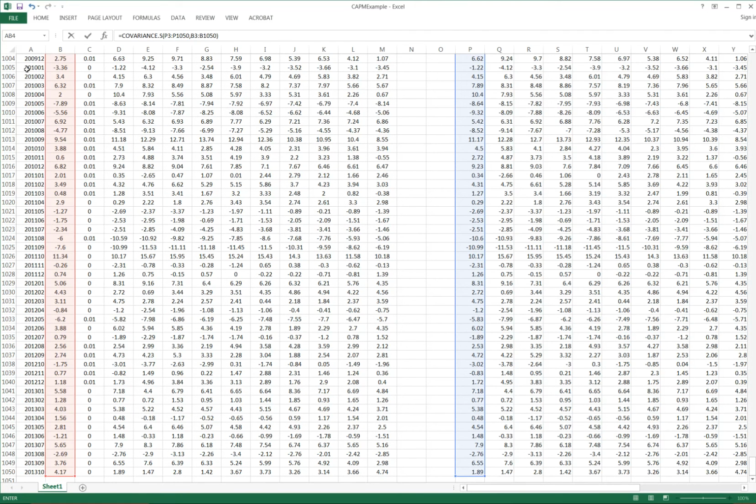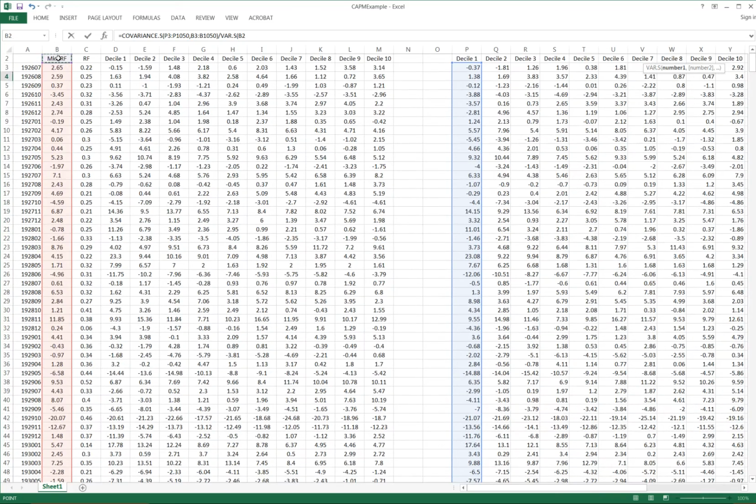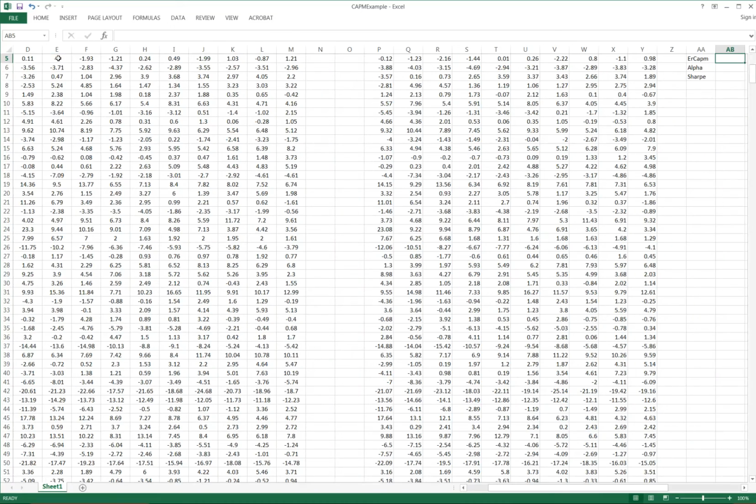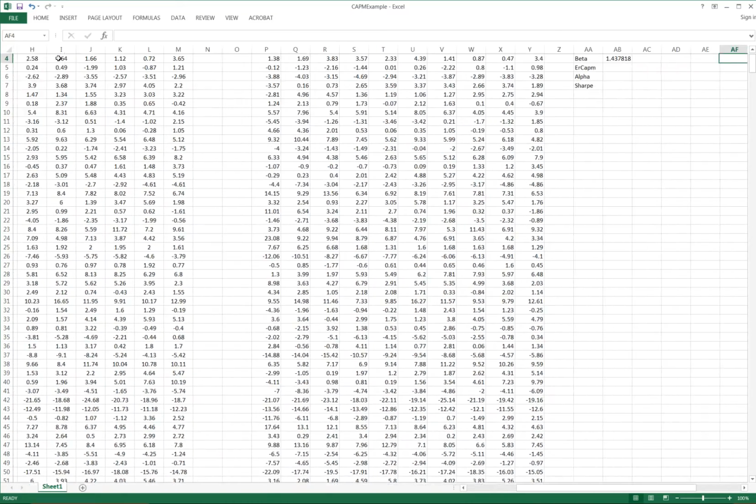Close that parenthesis. I'm going to divide that by the variance of my market proxy again. A closing parenthesis, enter. Let's take a look at that.